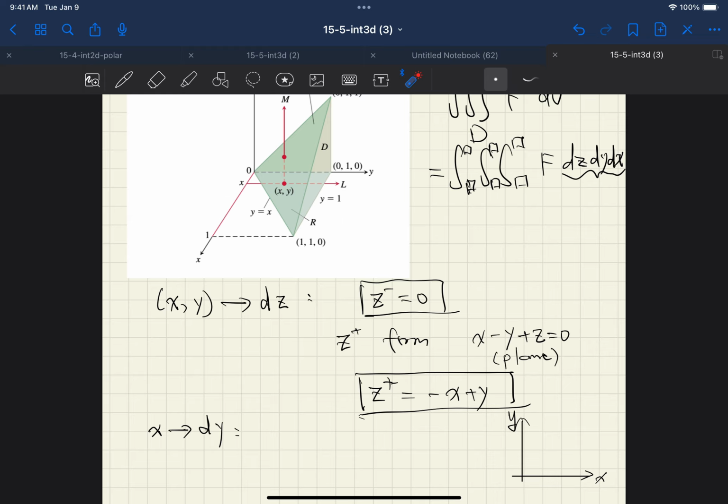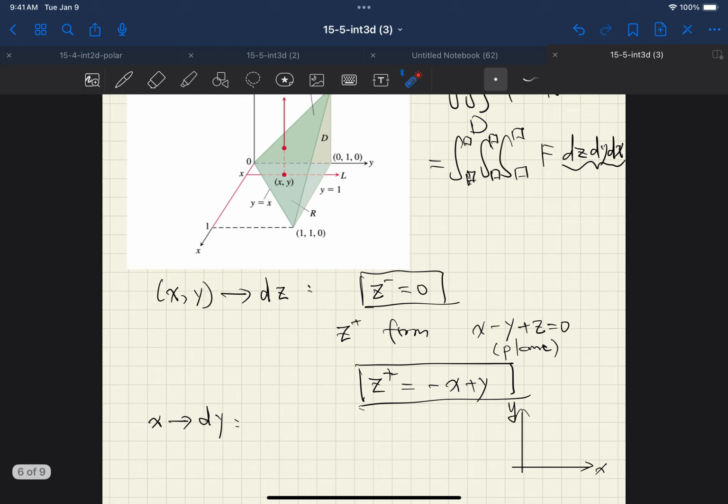In that case, this is 1, 1, this is 0, 1, and 0, 0. So there is a triangle with vertices 0, 0, 0, 1, and 1, 1.